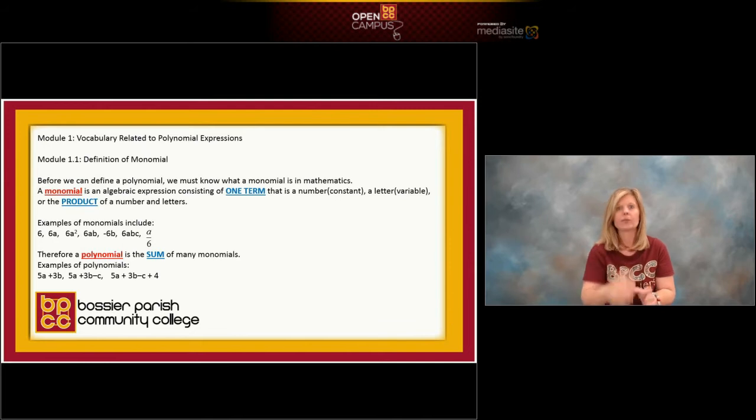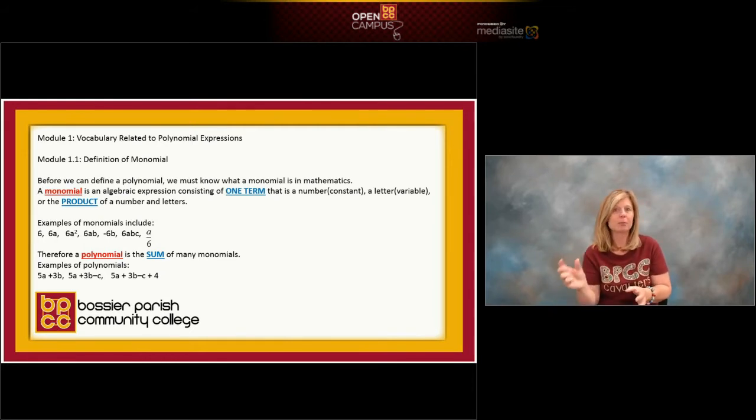Mono means one. Now, you have to understand, one term could be a number, for example, the number 6 in the notes. It could be a letter like the letter A in the notes. Or it could be the product of a number and a letter. So like 6a, 6a squared, 6ab, negative 6b. Those are all monomials.